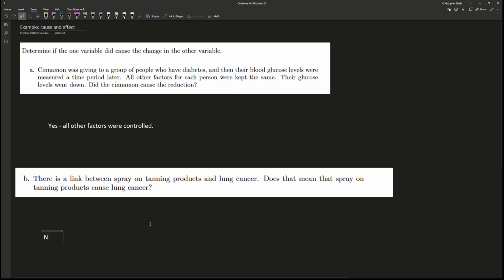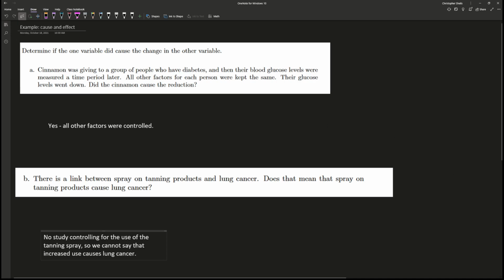So there is no study controlling for the use of the tanning spray. So we cannot say that increased use causes lung cancer. We might say that there is a link. There could be a cause here, but you can't say for sure.